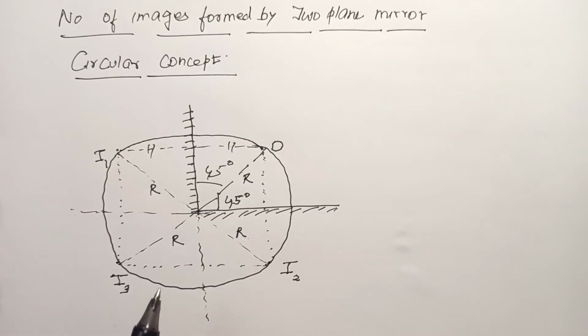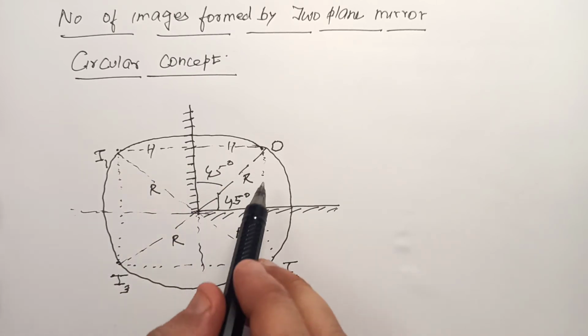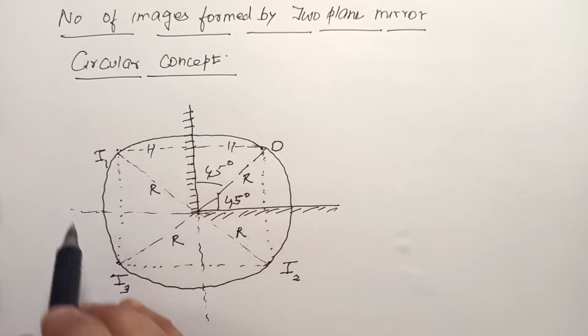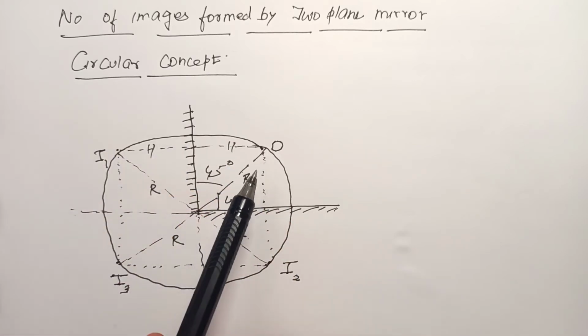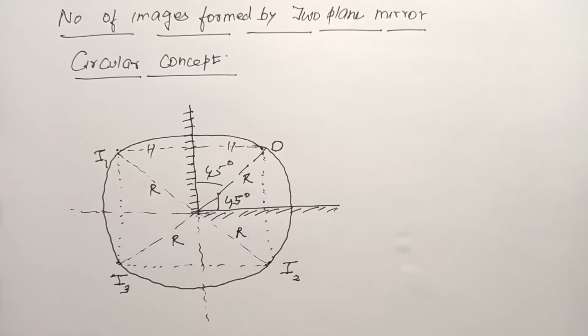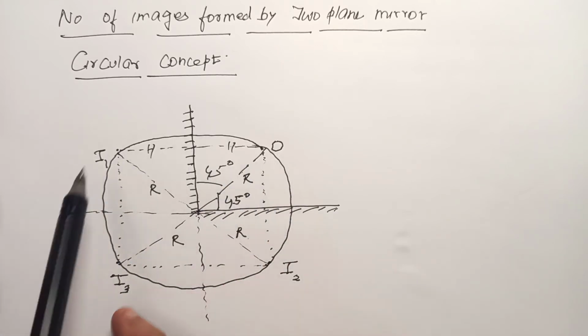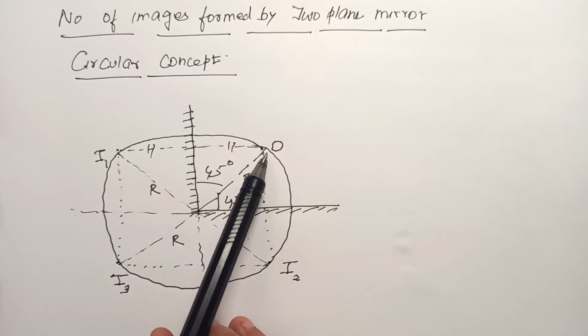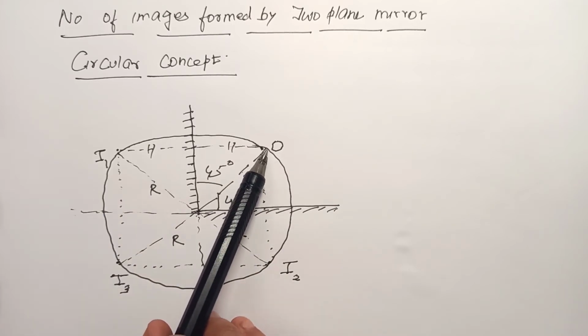All the images will fall on this circle itself. Now at this point, one is the object. There are three images we are talking about: I1, I2 and I3. All are on the periphery of the circle drawn, and even the object is also on the periphery.